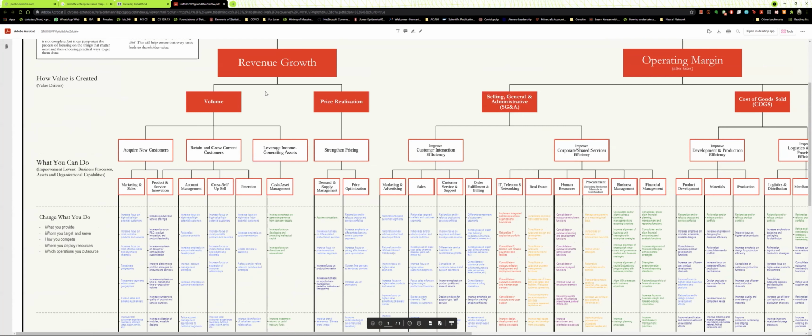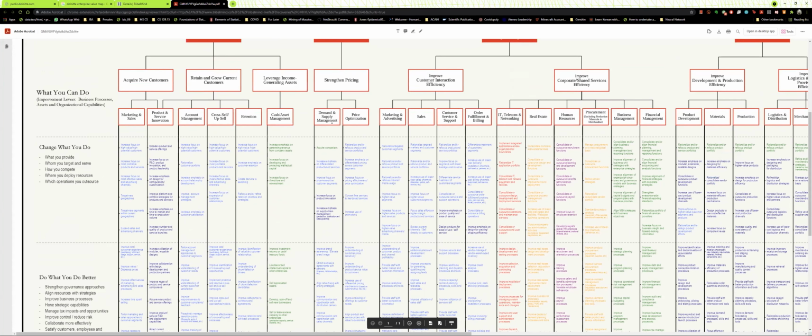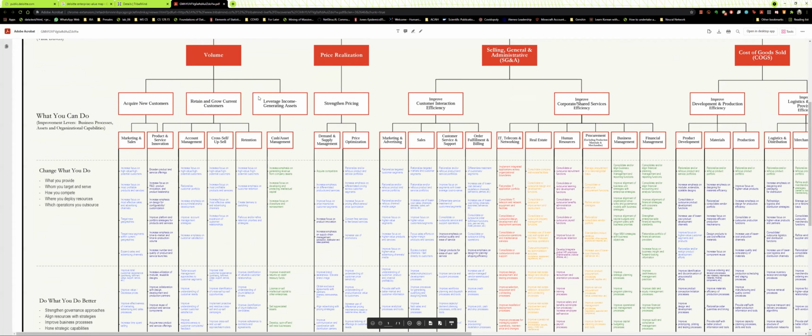So they could be working on volume or pricing. When it comes to pricing, they might look at the demand, supply, and price optimization, or from the volume perspective, they will be looking at where can they get revenue, either to get more customers, to retain customers and grow their current spending, or leverage on some assets that are earning money for us.